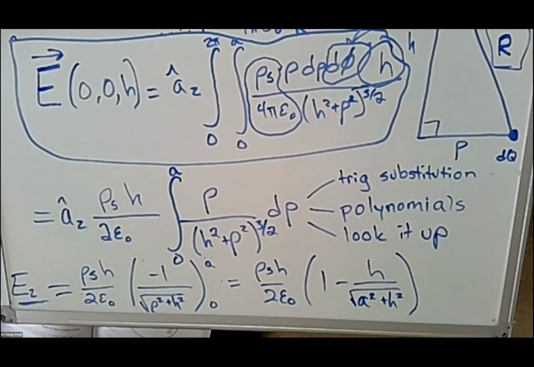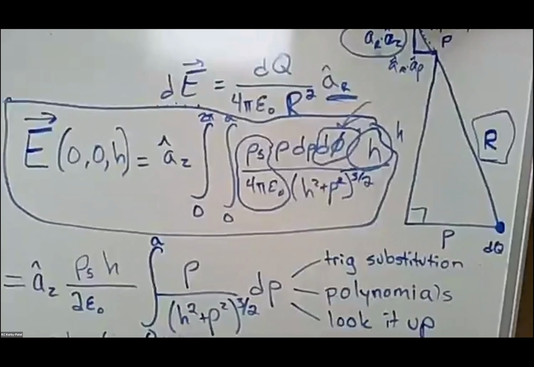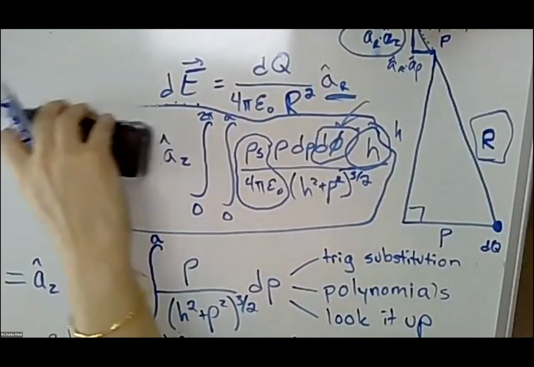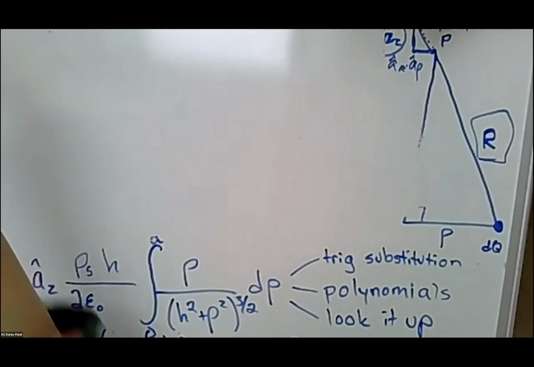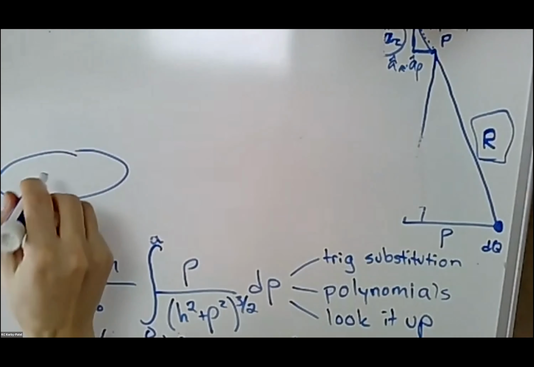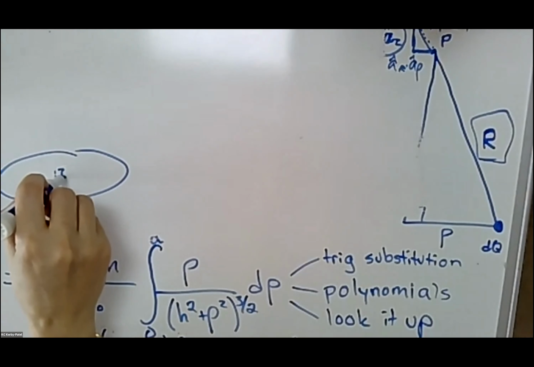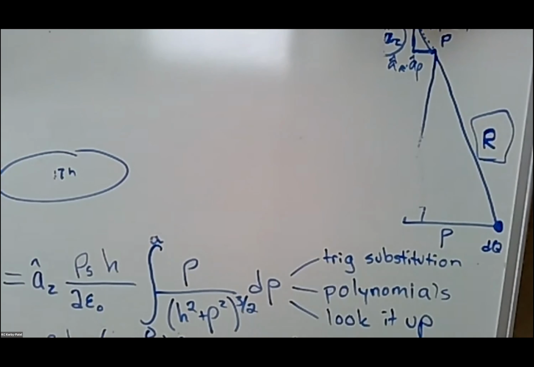The interesting thing to note here is what happens when h is much smaller than a. So that would be when you are right on top of the disk. I'm going to erase some stuff and draw a picture of this. If you have the disk here and you are a very short distance above it, that's h maybe, then the value of this electric field is approximately just rho s times h over 2 epsilon naught.